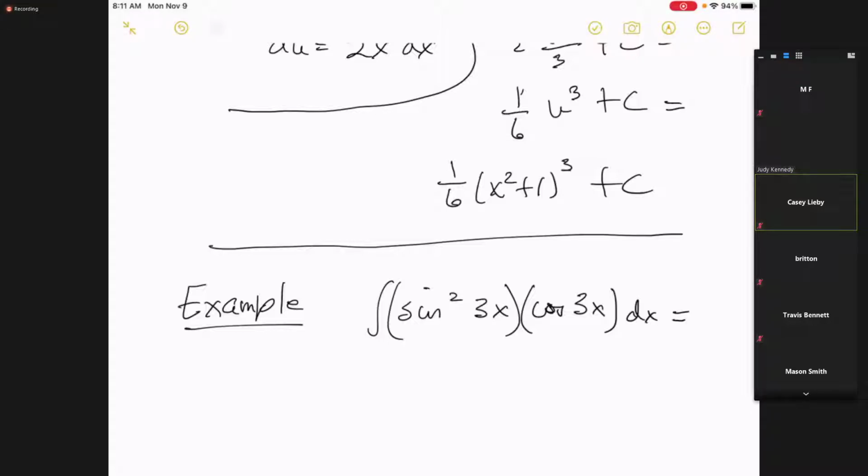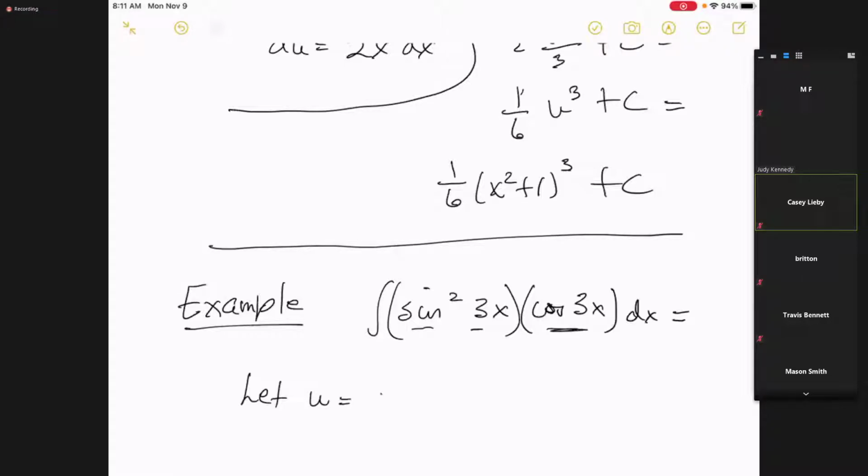The derivative of the sine of 3x, that 3 on the outside is not a problem. U-substitution works very well here too. What I'm noticing is that the sine of 3x is inside the squaring process, but I've almost got the derivative of the sine of 3x sitting there for me.